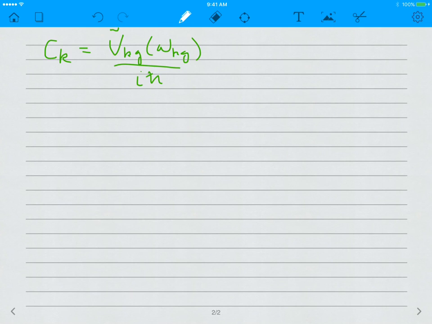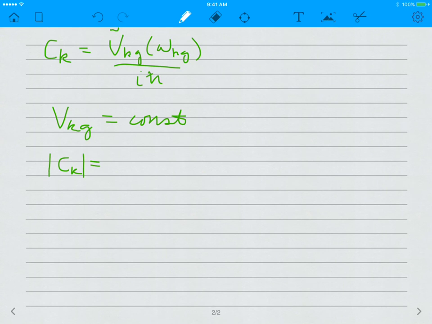So the other day we did the example V_kg equal to constant, and when we did that, we got c_k. Let's just go ahead and get its square.